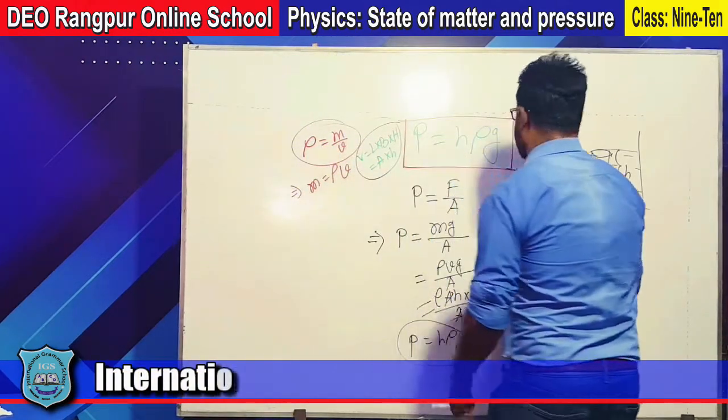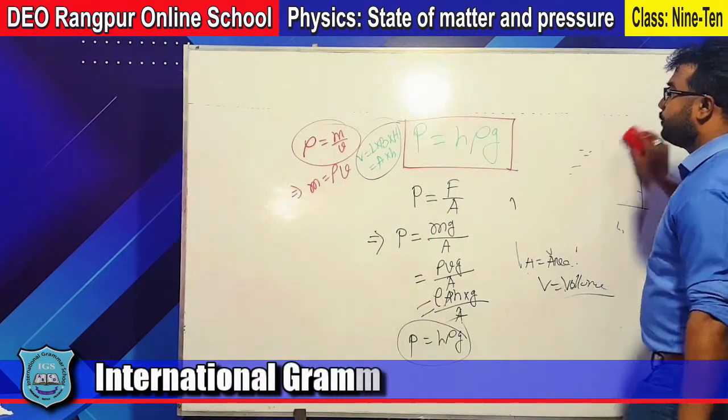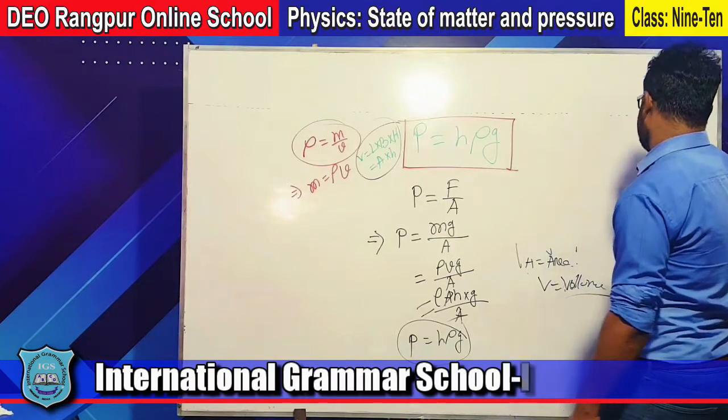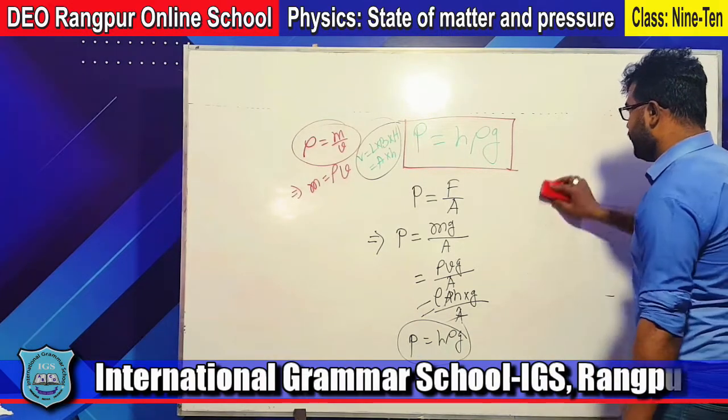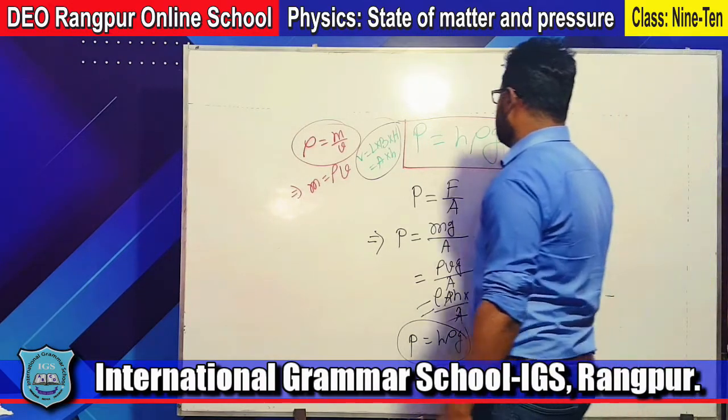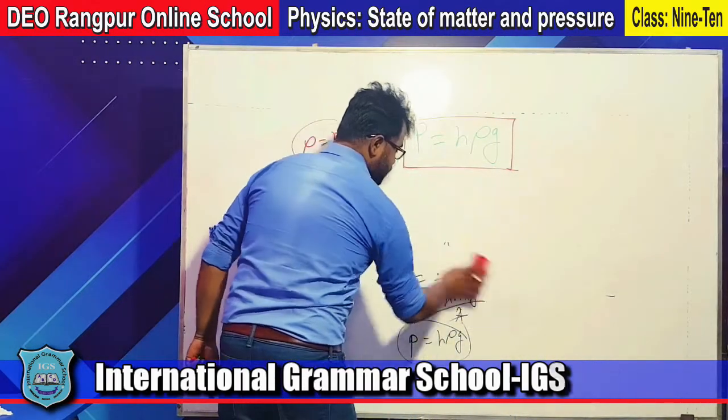That means we can say pressure equals height into rho, that means density, into g, acceleration due to gravity.